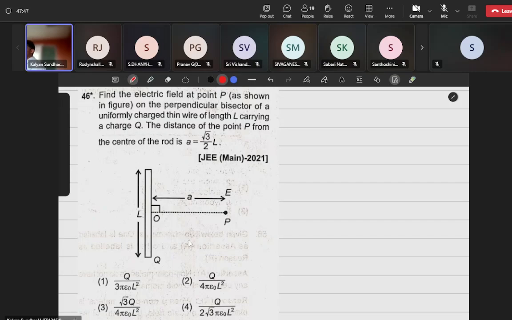Theta 1 and theta 2, 30 degrees. So sin theta will be equal to L by 2 divided by A, which is root 3 by 2.